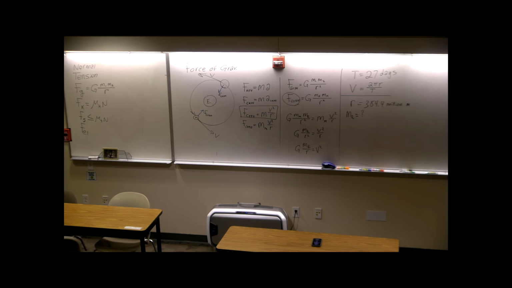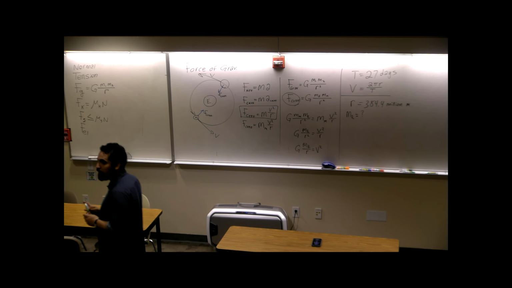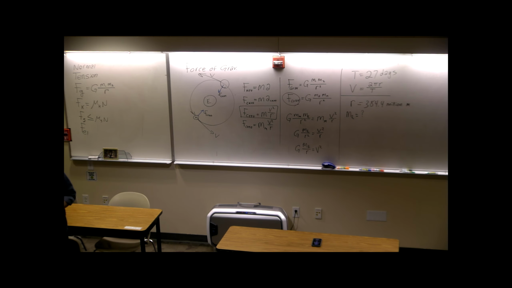Now this is going to test your abilities to plug things into a calculator because there's some absurd numbers here. 10 to the minus 11. Got a 10 to the 6 million. Keep in mind that we want SI units of seconds, not days.